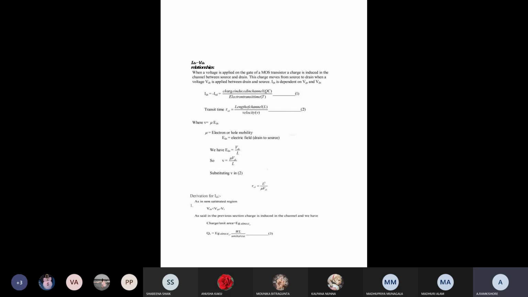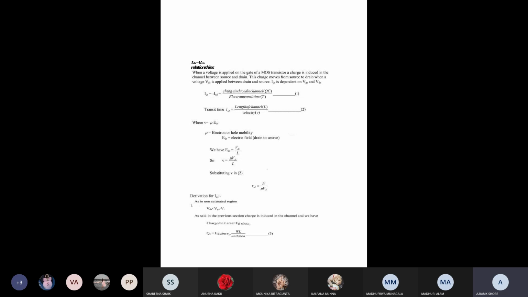That charge may move from source to drain under the influence of an electric field created by VDS. This charge in the channel is created internally within the MOS device.